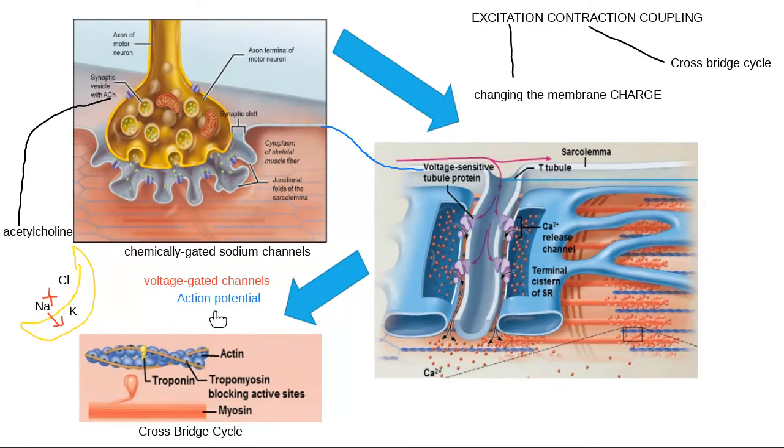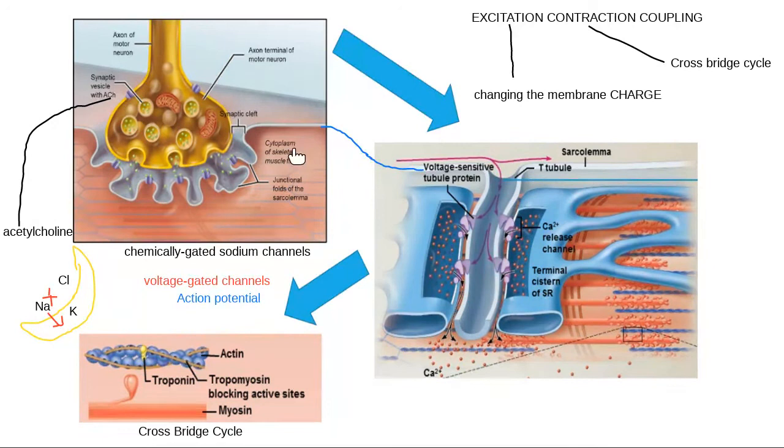Think of an action potential like a message that moves. When we talk about a cell like a muscle cell or like a neuron, messages always travel in the form of charge or of voltage.